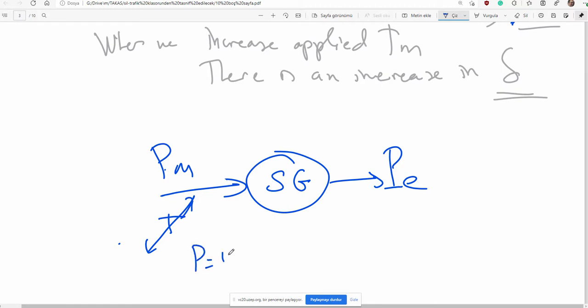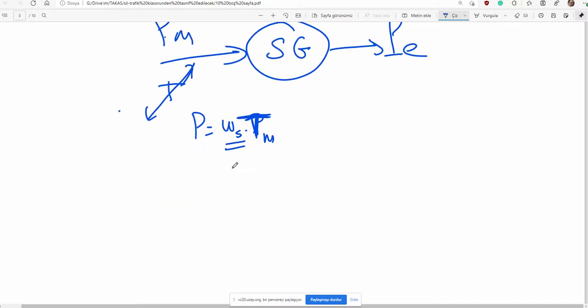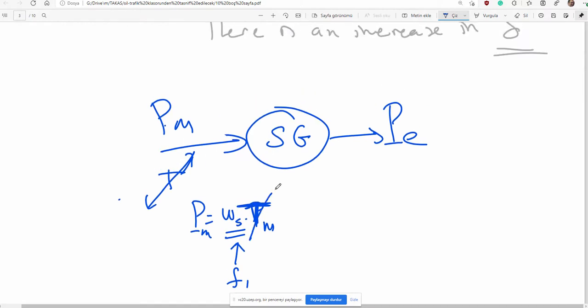Since Ws is constant under constant frequency, mechanical power can be adjusted only by changing torque. Inside the machine, when you increase applied torque, delta will increase up to pi over 2 radians. It must be less than pi over 2 and greater than 0 in generator mode.